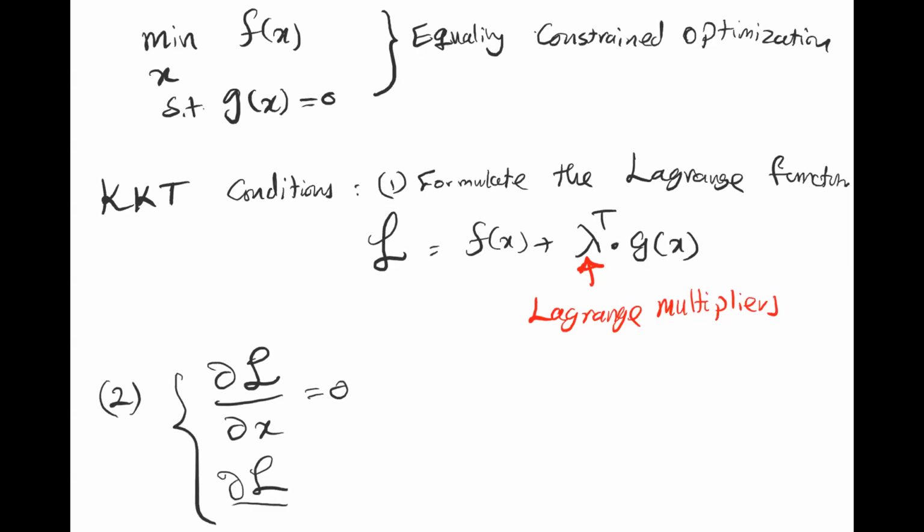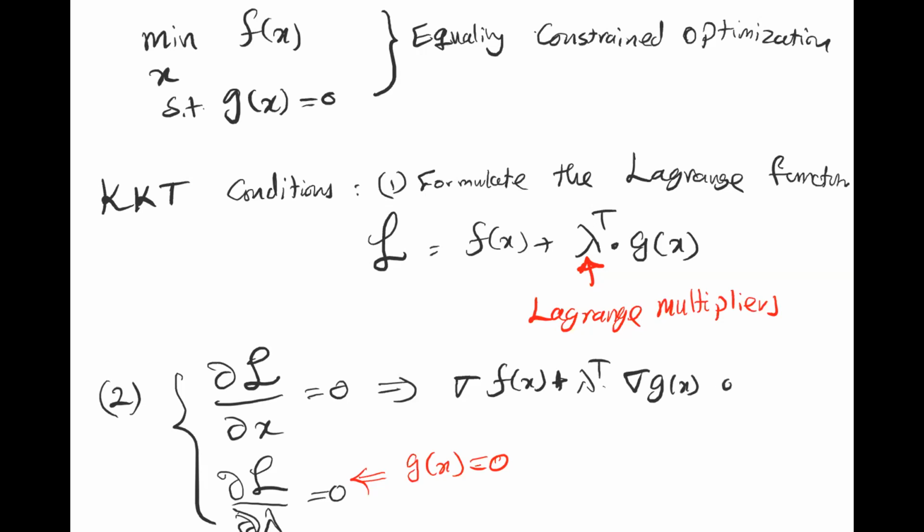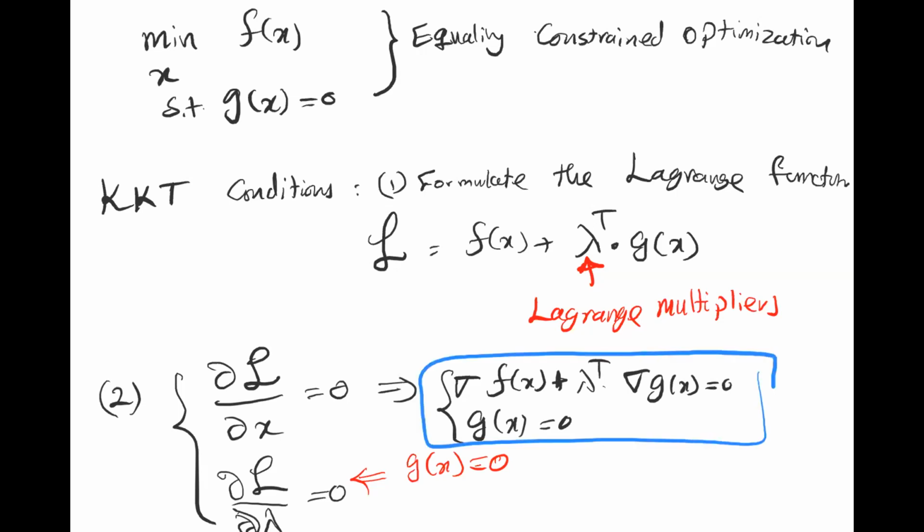We also find the derivative of the Lagrange function with respect to lambda and put it equal to 0. The second one basically gives you g of x equal to 0 for your equality constraint. This is the gradient of f of x plus lambda transpose times the gradient of g of x equal to 0, and g of x equal to 0. So that was all for this lecture.